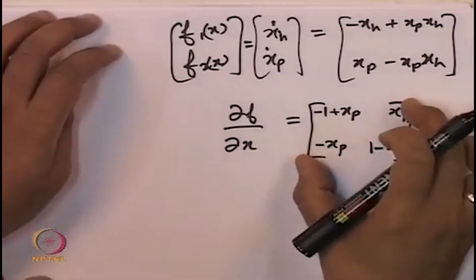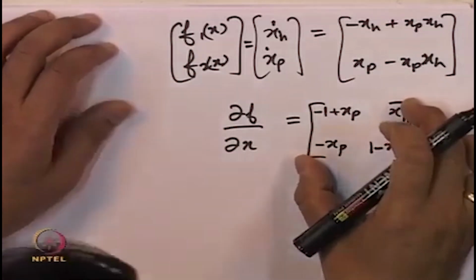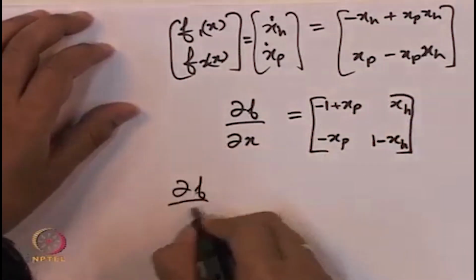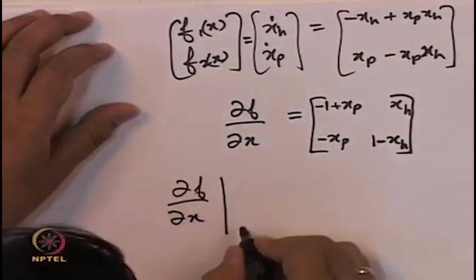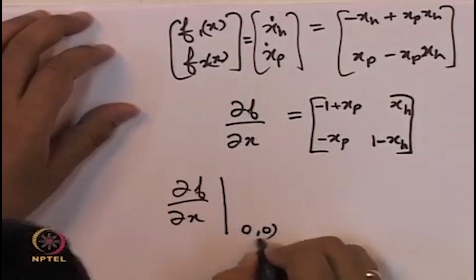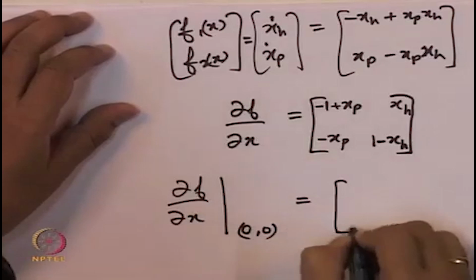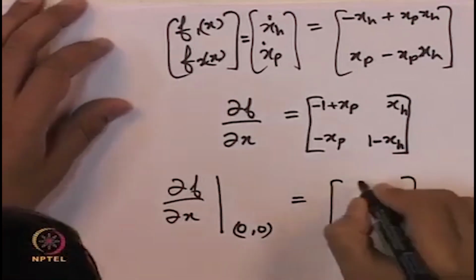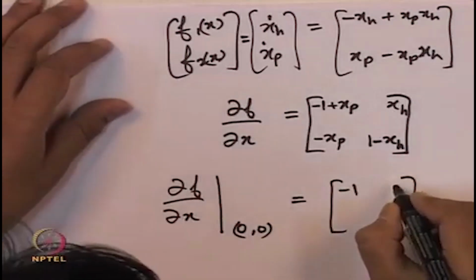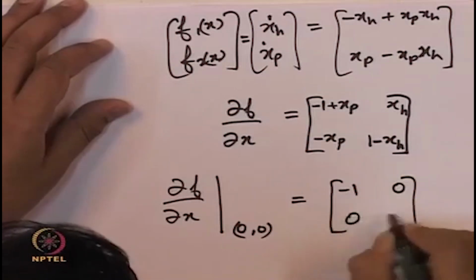So we are going to evaluate this matrix at the equilibrium points. So del F by del X evaluated at the equilibrium point 0, 0. This is one of the equilibrium points, and for this particular equilibrium point we get minus 1, 0, 0, 1.